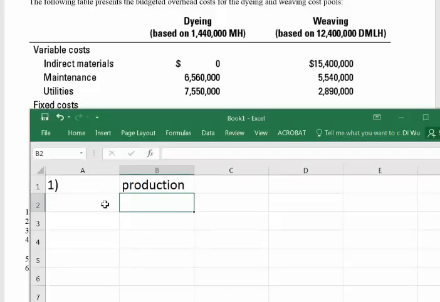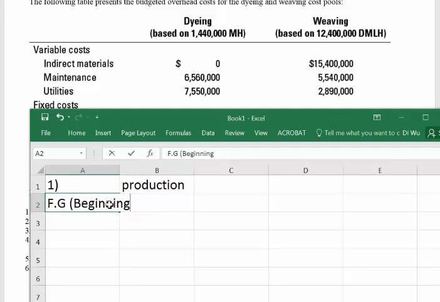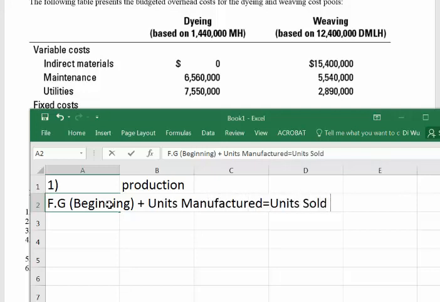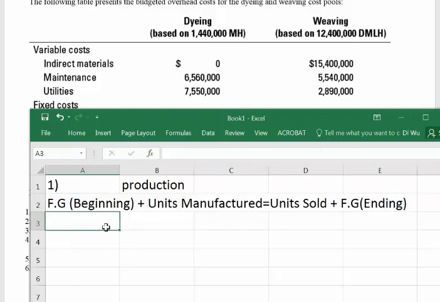So for the production, I need to know that finished goods beginning inventory, plus units manufactured equals units sold, plus finished goods ending inventory. This is a very popular formula we have been using for a while.